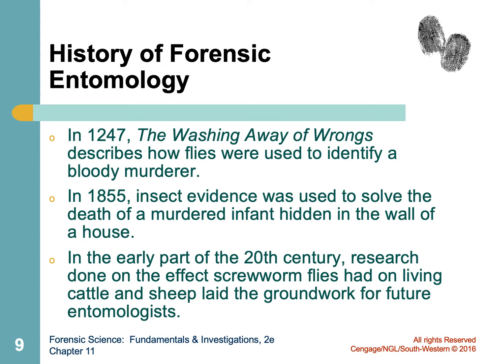All right, so an example of using forensic entomology to locate dead bodies is from 1247, published in the Washing Away of Wrongs by Sung Soo. A bloody murder was discovered by a group of farmers returning home from their fields.